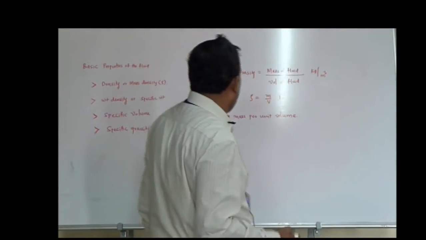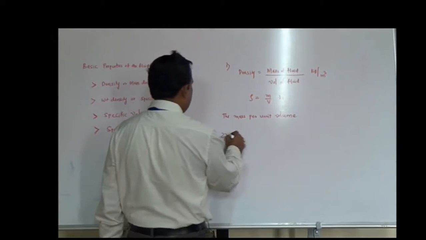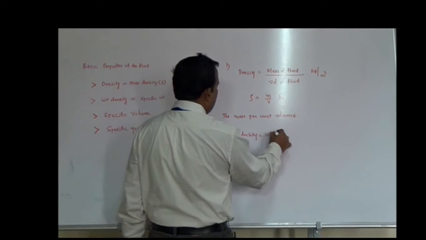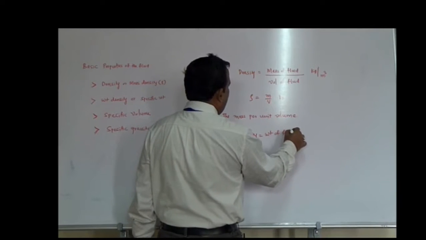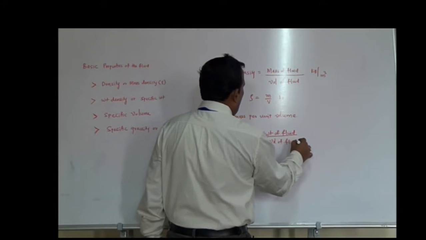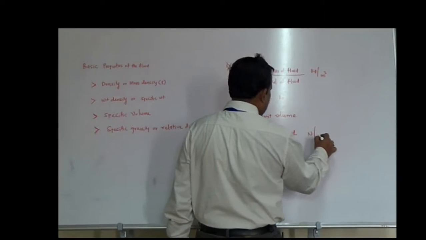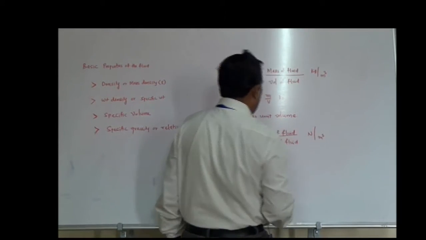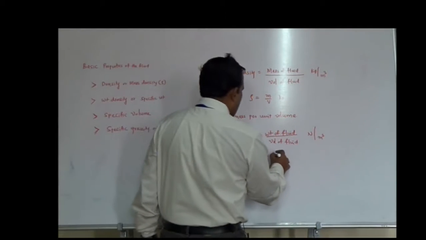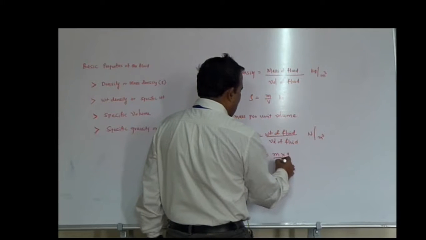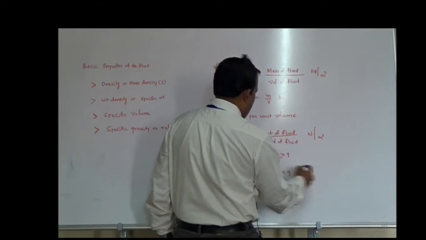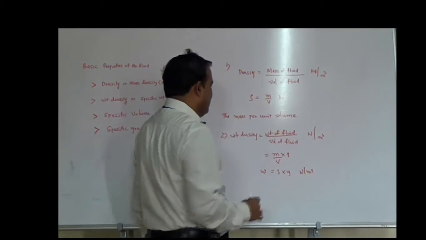The second one is called weight density. Weight density is nothing but weight of fluid divided by volume of fluid. The unit of weight is Newton, so the unit is Newton per meter cube. Here weight is m into g, divided by v. Already I know m by v is rho, so weight density is rho into g. This is a derived unit, and the symbol is omega.